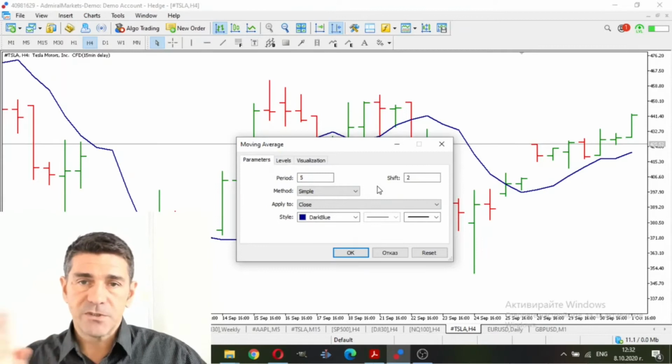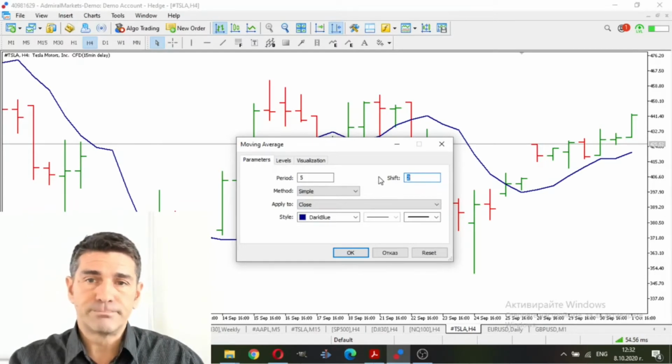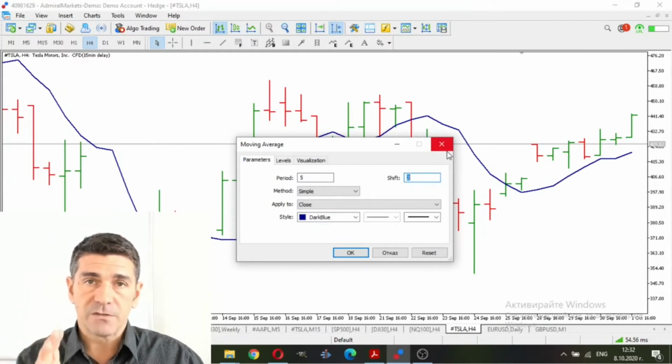I'm going to shift it 2 periods in front. Take a look here. You can adjust it by yourself. I actually recommend you to do so, to play a little bit with these adjustments in order to see different moving averages and what they represent. So as of now, we've got a 5-period simple moving average, shifted 2 periods in time.